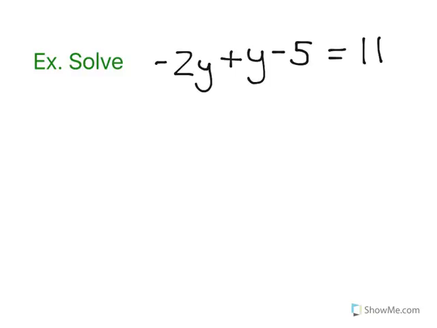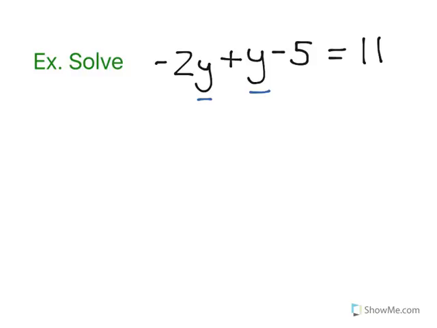My last example is going to involve combining like terms. If you have two variables, y and y, we can combine them together if it's the same variable. Think of our previous chapters when we combined like terms. It's going to be very similar. Before we even solve for the variable, let's combine them together.